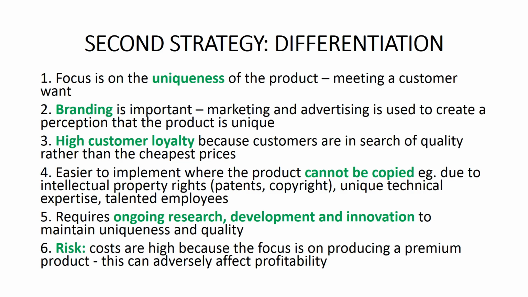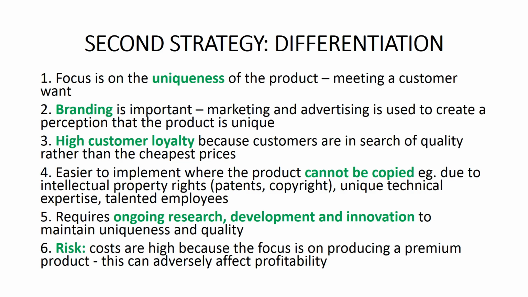The fourth feature of differentiation strategies is that they are easier to implement where the product cannot be copied. As I've explained, if a business comes up with a unique product and that product appeals to customers, then your competitors are going to start trying to find ways to imitate that product. So therefore, it's easier to implement a differentiation strategy if you've got a product that can't be copied.